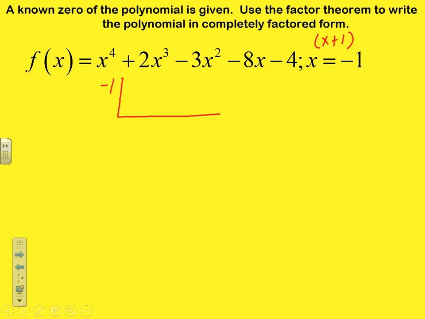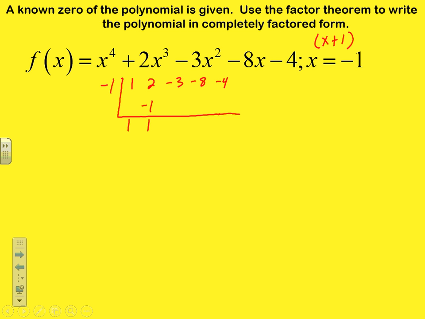Now, looking at the fourth degree polynomial, all of the exponents are present, so I don't need any 0 placeholders. So the leading coefficient is 1, the next one is 2, negative 3, negative 8, and negative 4 for my constant. So go through the synthetic division process, and ideally at the end we should have a remainder of 0. So bring down the 1, multiply by negative 1, and add those together, which is a 1.